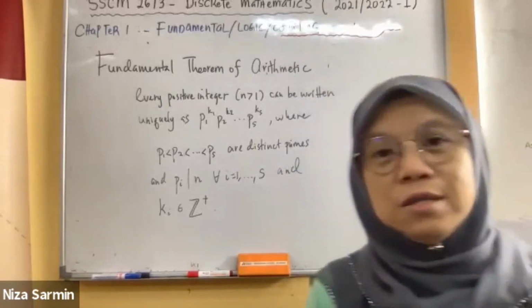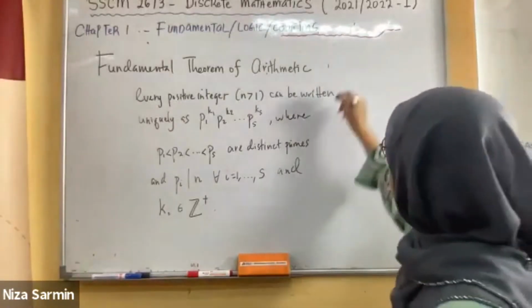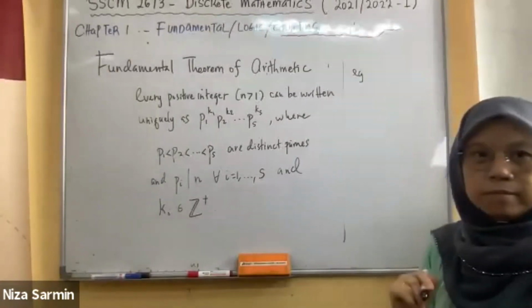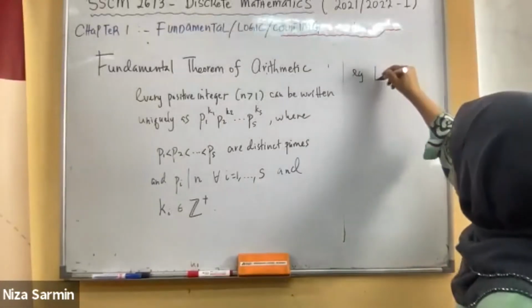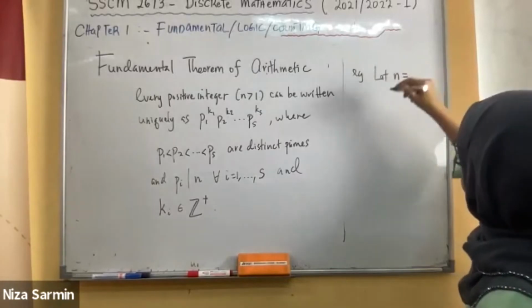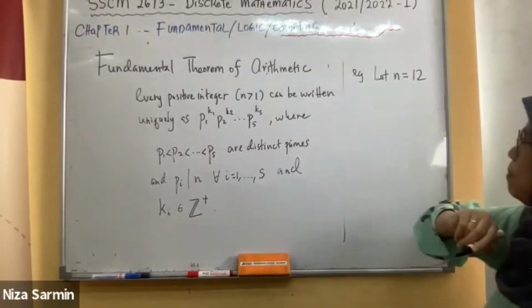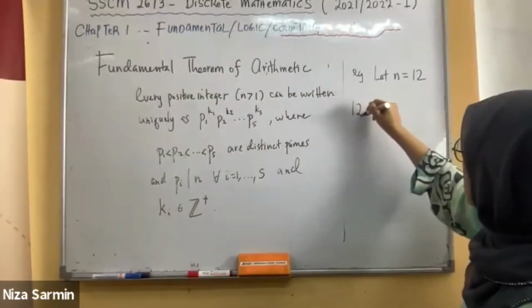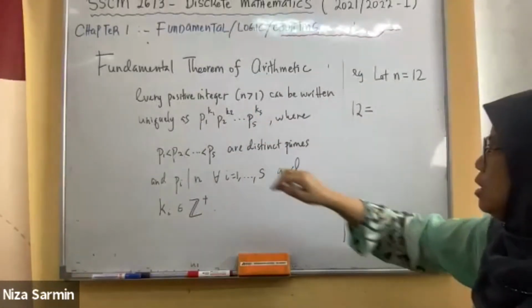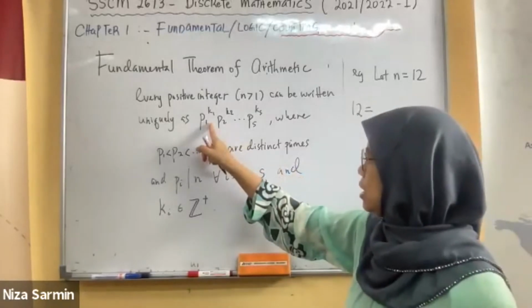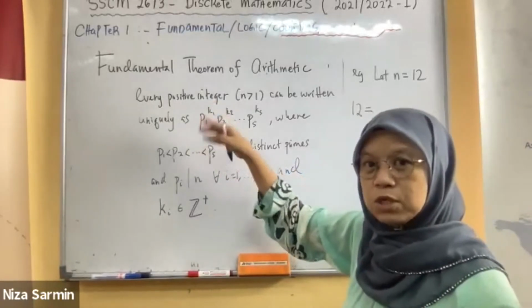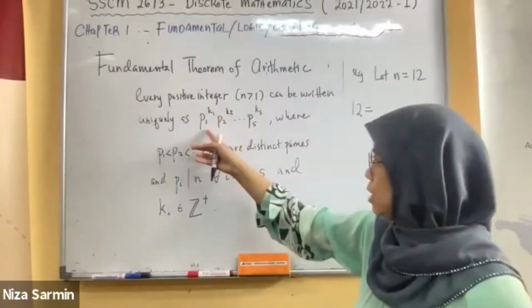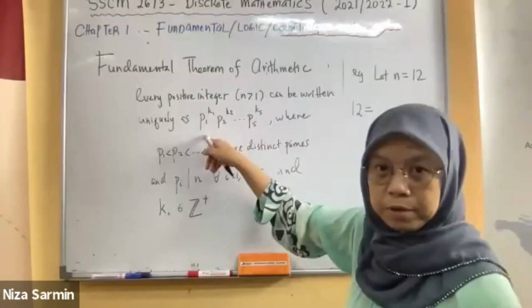Before that, I give you an example. Let n equal, say, 12. You want to write 12 as a product of powers of primes.